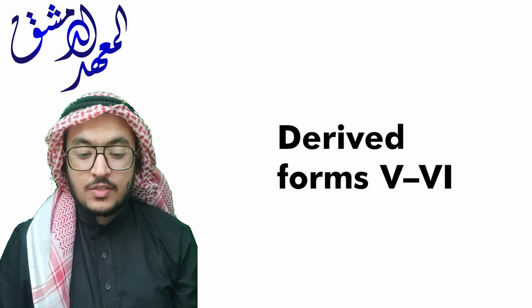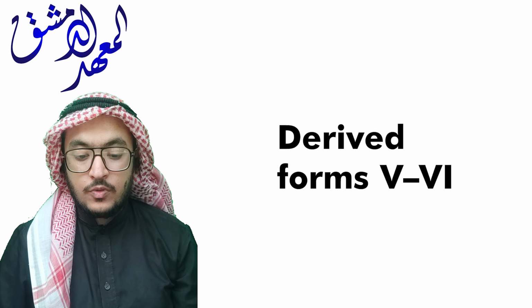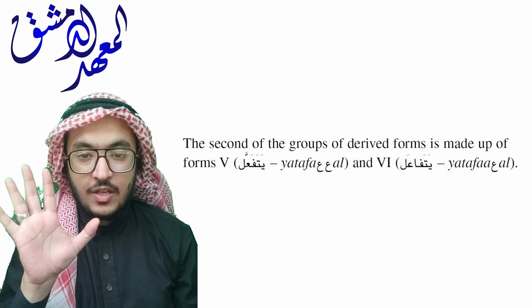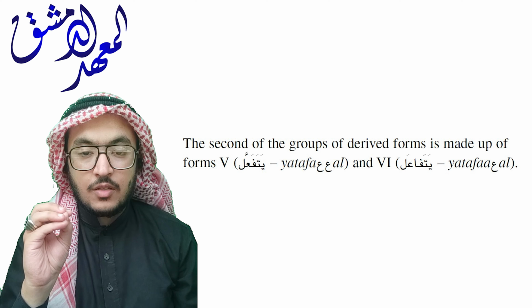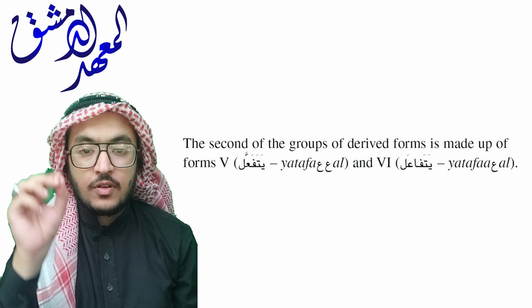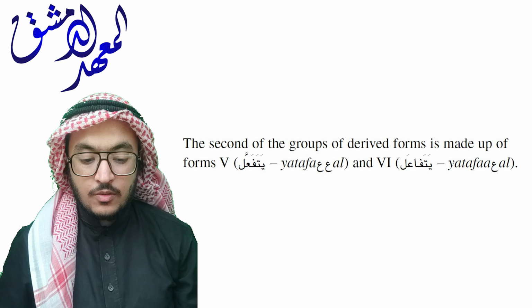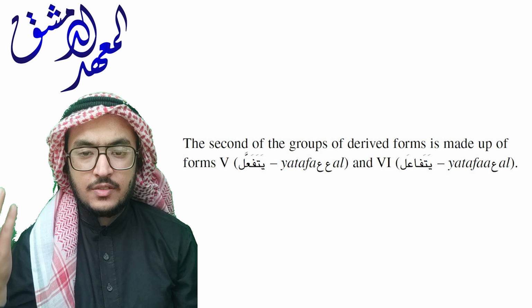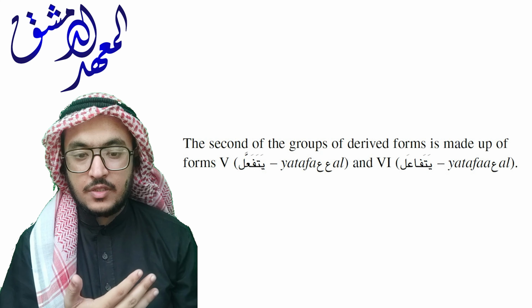The second of the groups of the derived forms is made up of form 5, form khamsa, yatafa'al, and yatafa'al. So here are some characteristics of both in the past tense and in the present tense.